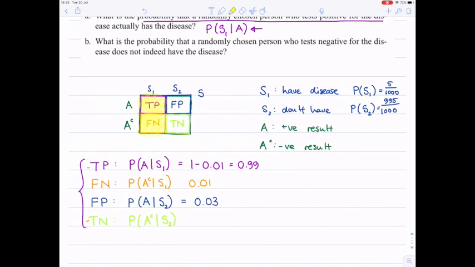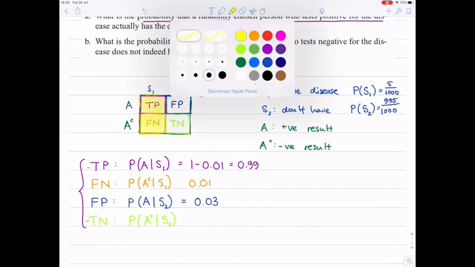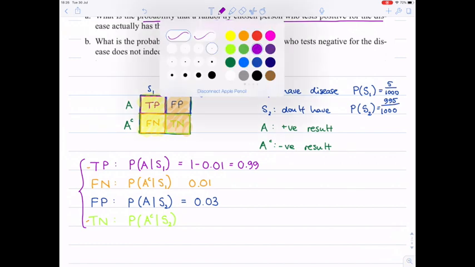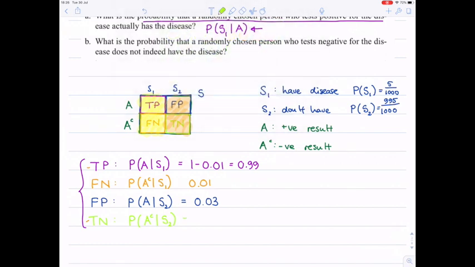Similarly, if we want to think about what our true negative is, now we're looking at people who don't have the disease, and our true negative must be 1 minus all the false positives, which is going to give us 0.97.